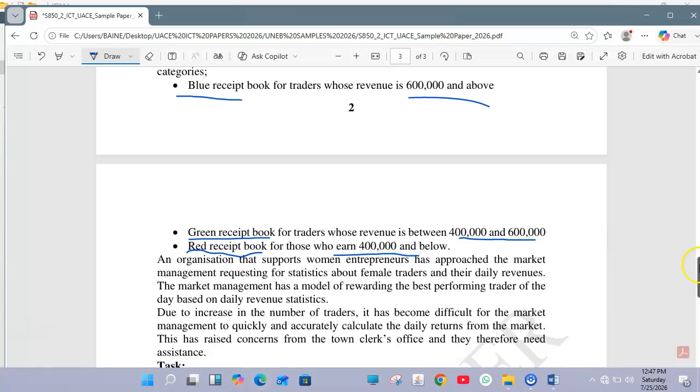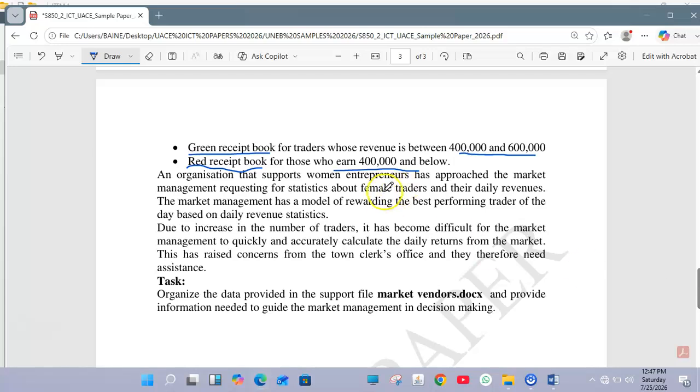Then they are saying an organization that supports women has approached the market management requesting statistics about female traders and their daily revenue.